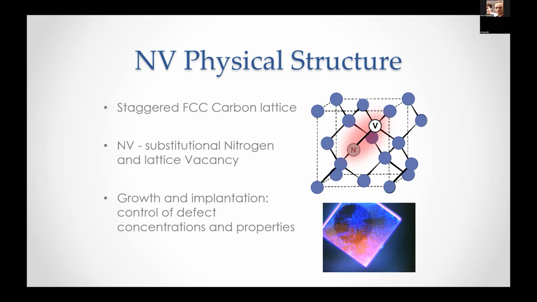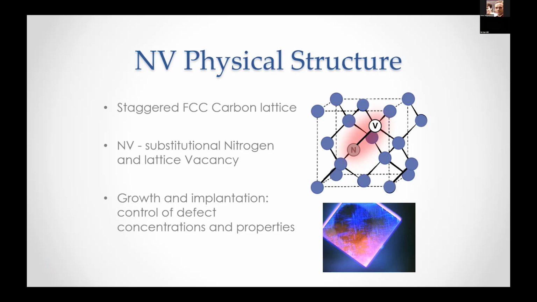So usually we don't want the Ns themselves, we want the NVs. And there are additional processes that can be done, including electron irradiation and sometimes even proton or carbon implantation. There's a nice poster about this that I saw yesterday.